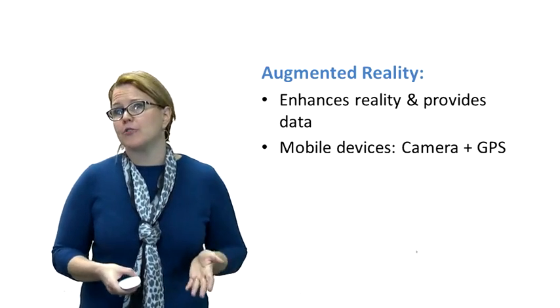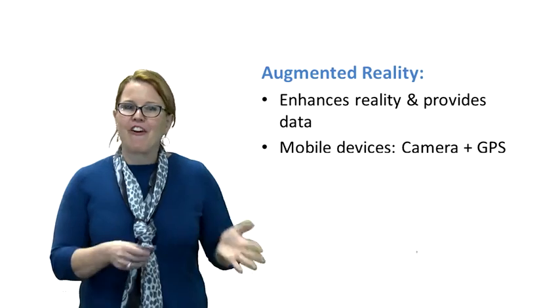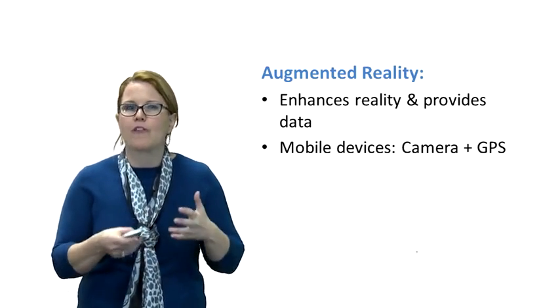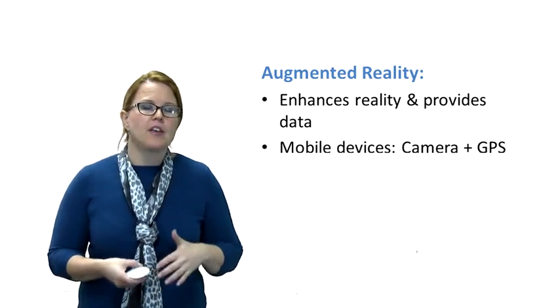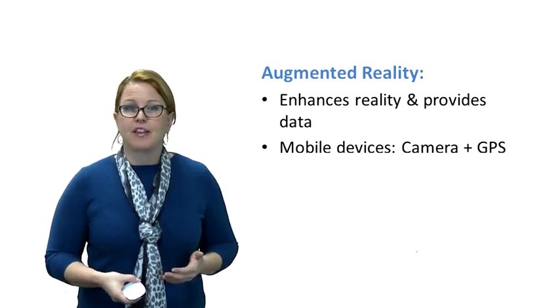Now, you don't only have to use a phone and GPS. There are wearable technology devices that also help you get access to augmented reality tools or have augmented reality embedded in them. But mobile devices are probably the easiest way to get access to it.